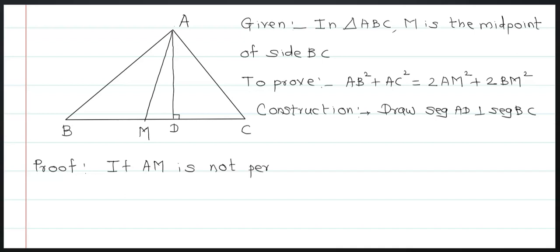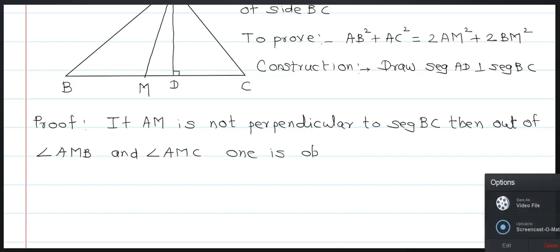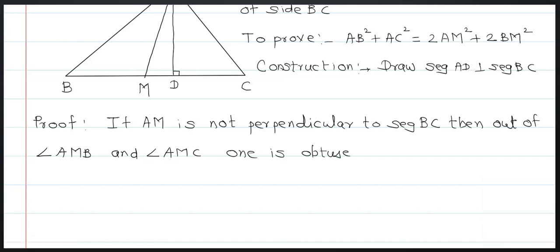Proof. If AM is not perpendicular, that is, the median AM is not perpendicular to BC, then out of angles AMB and AMC, one is obtuse and the other is acute.